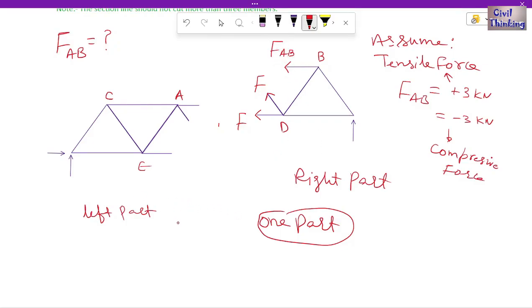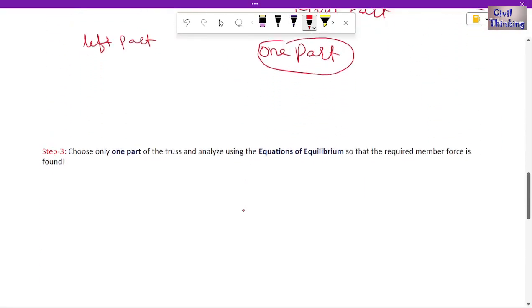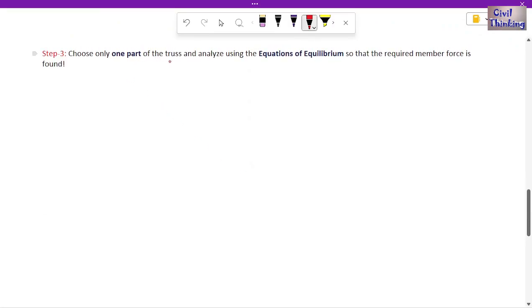If we choose the left part, we also assume tensile forces here like this: this is the force in AB, this will be the force in something, and this will also be the force in something. Now let's see the next part. Step 3: choose only one part of the truss and analyze it using the equations of equilibrium so that the required member force is found.